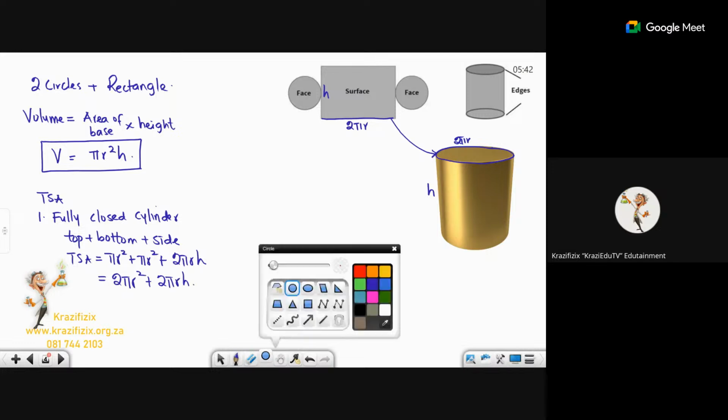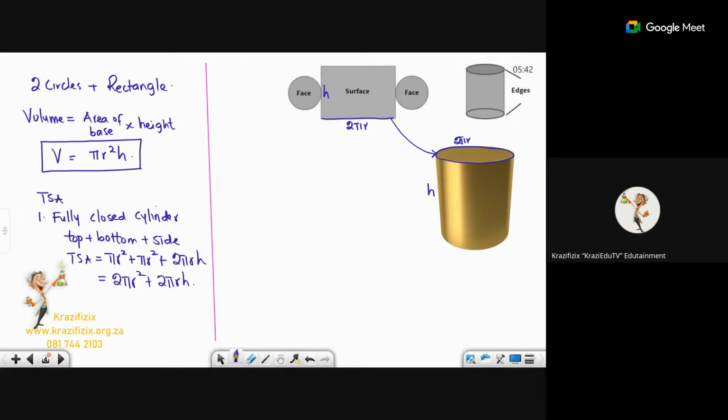Are we okay? Now, let's check something. Number two, what if it is open at the top? What surfaces then do we have? We have the bottom and the side.